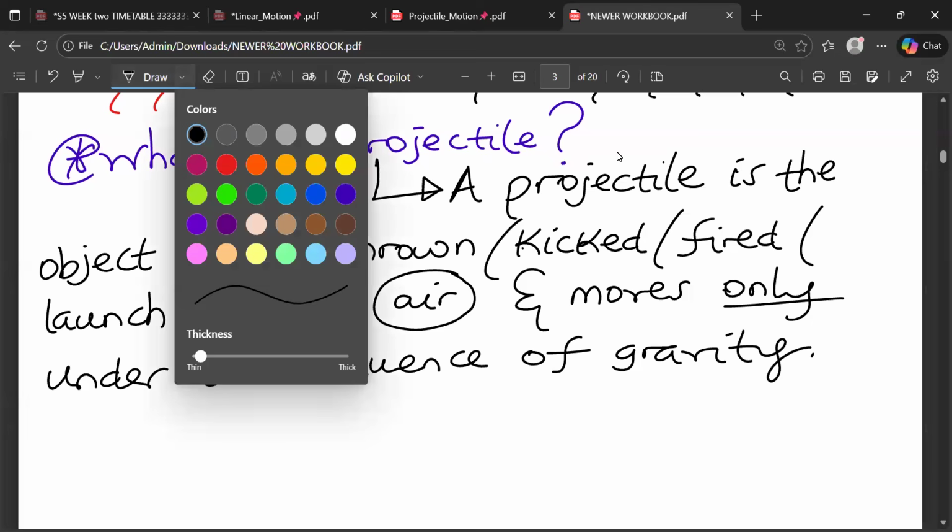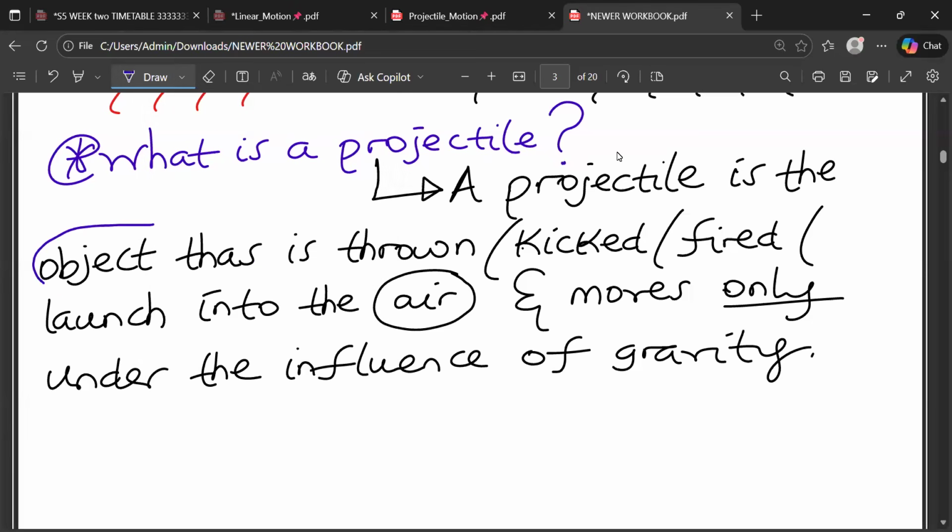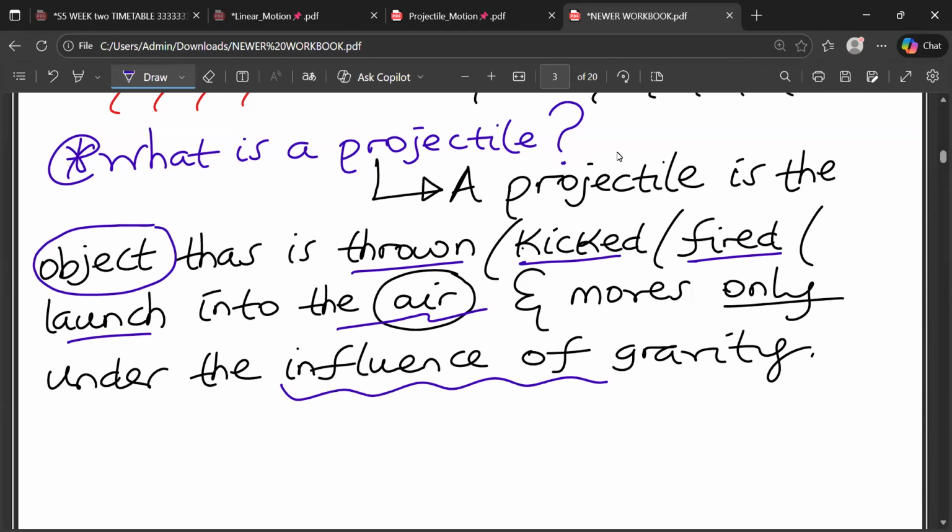So the projectile from today onwards, learn it from me. It is the object. Which object you either throw, maybe it is a stone, kick, maybe it's a ball, fire, maybe it's a bullet, launch those things they send to the moon. And we are sending these things to air. And we should understand without the influence of gravity, then that's not projectile motion. I try to show you the two forms. And you saw that the first form of upward, it's totally against gravity. So the influence of gravity must be there, you like it or not.